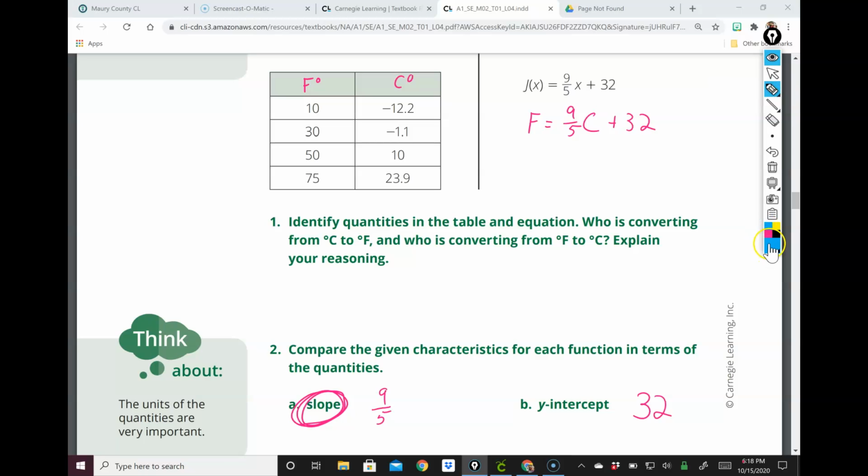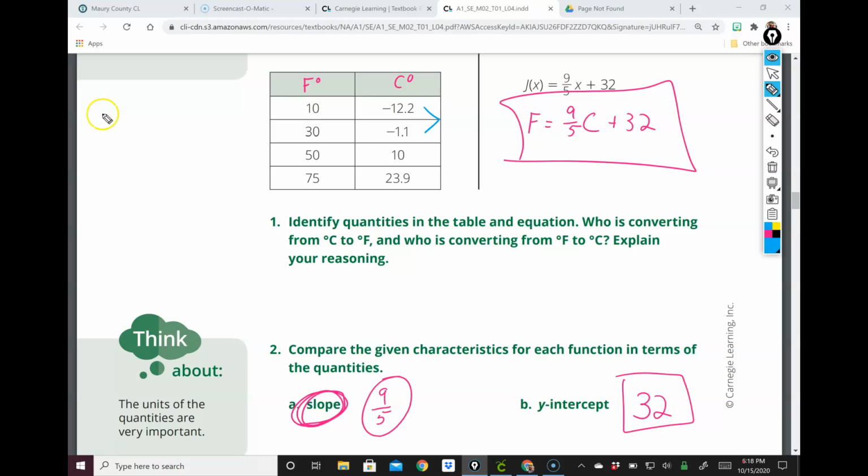So, the 9 over 5 is the slope for Josh's equation. 32 is the y-intercept for Josh's equation. Let's look at Greg.